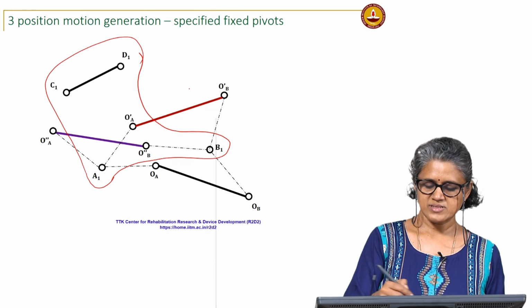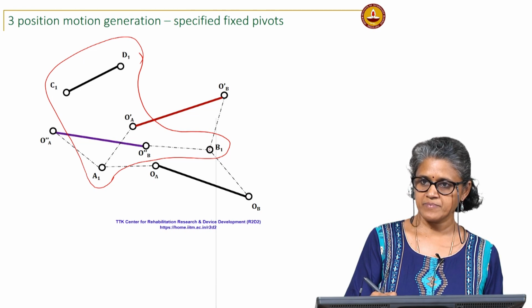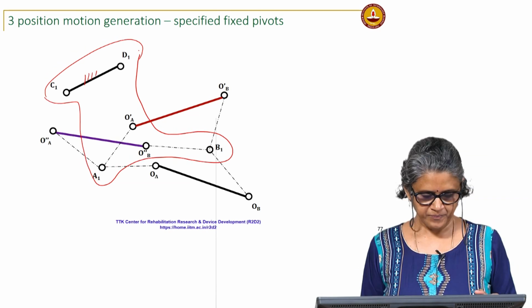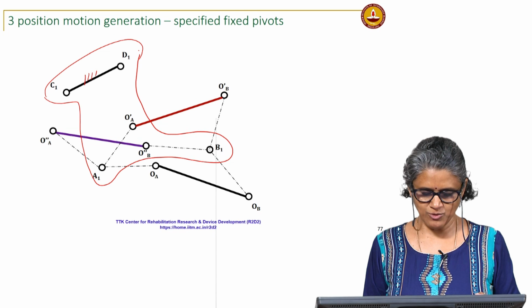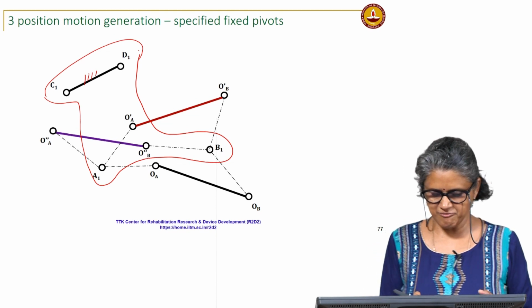And similarly, if I pivot it, so if I connect, this would be my linkage. If I do this, then this would be my fixed link.